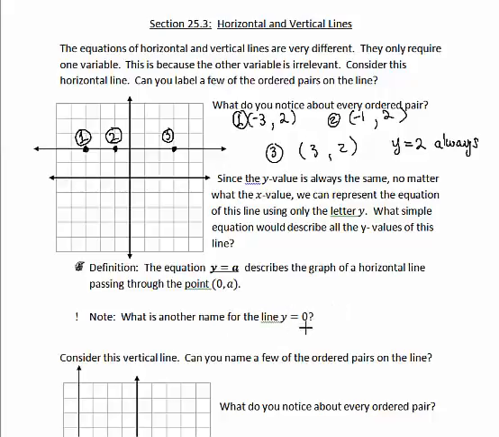It only has the y variable in it, and so it's a horizontal line as well. Well, y equals 0 is the x-axis. And so we could say that this line, y equals 0, the x-axis, has an infinite number of x-intercepts.